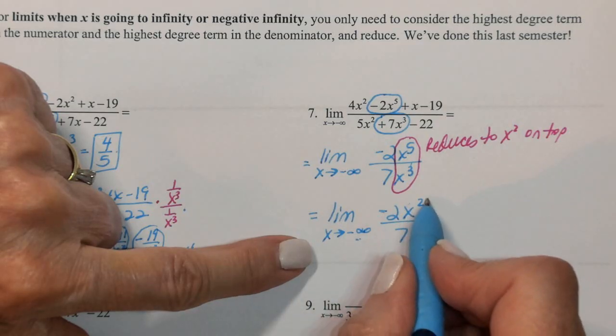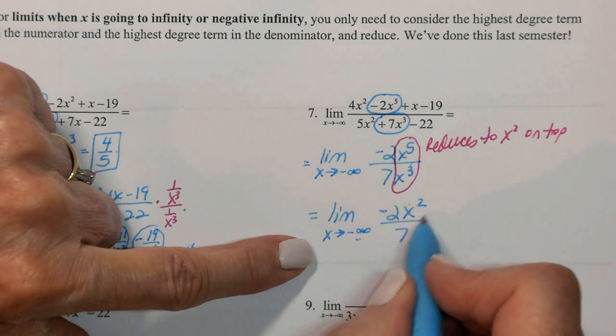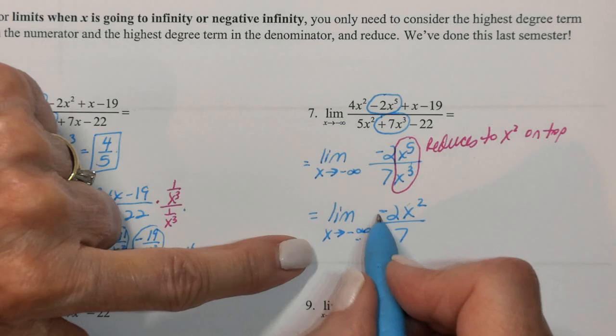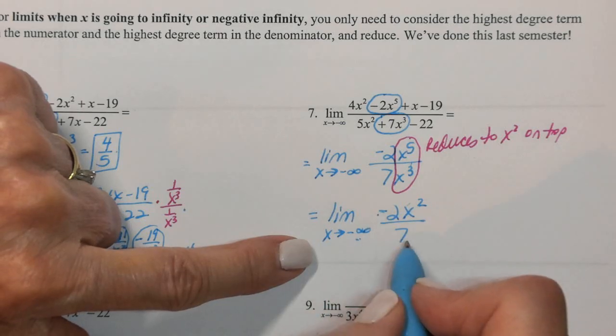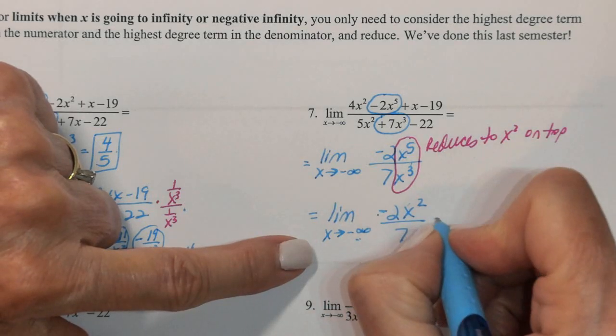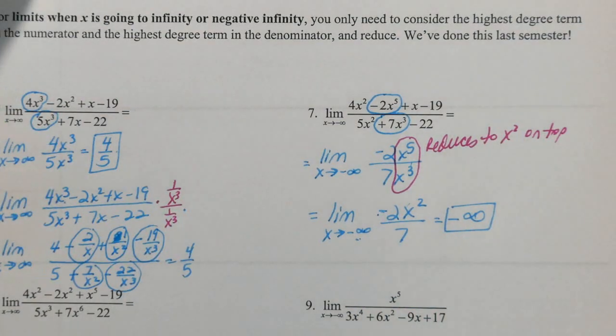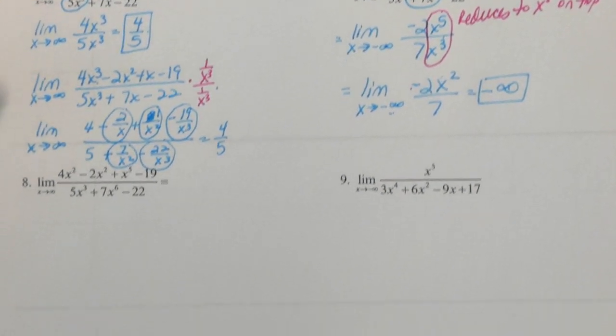Negative infinity squared is positive infinity, right? Times a negative 2, though. That makes it negative infinity divided by a positive, negative infinity. Okay?